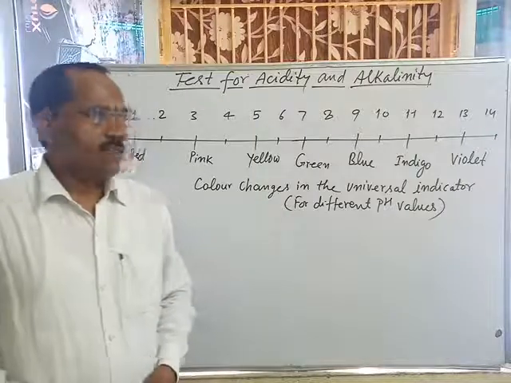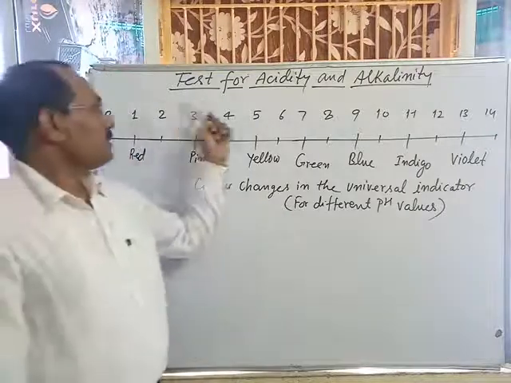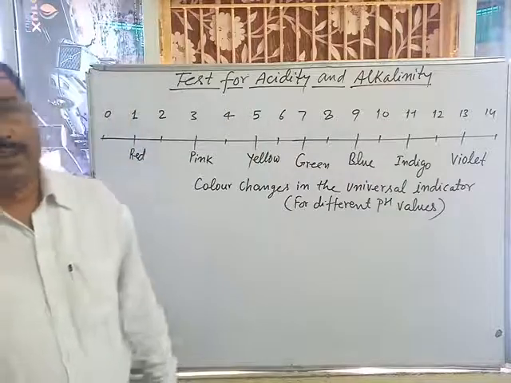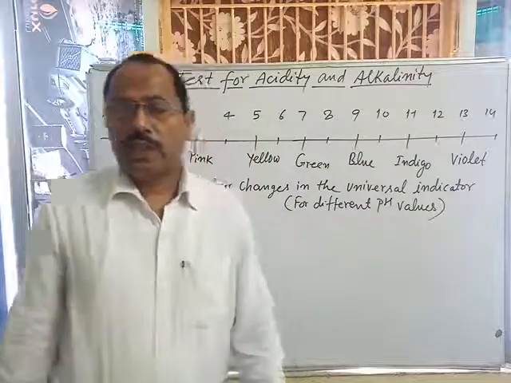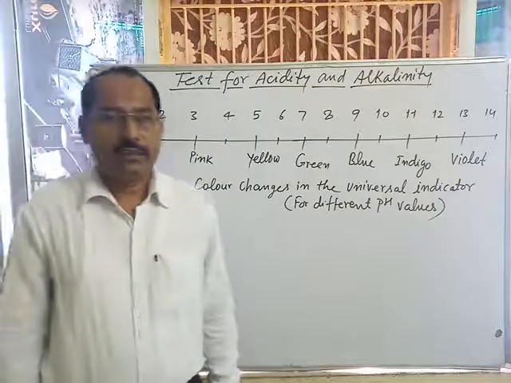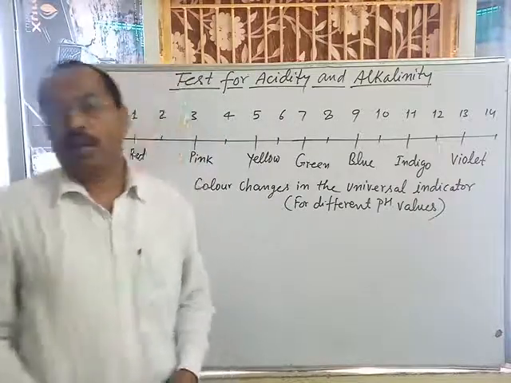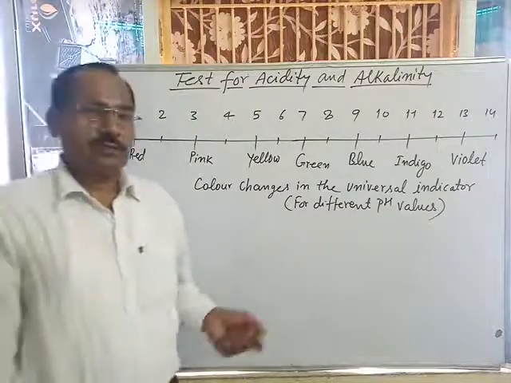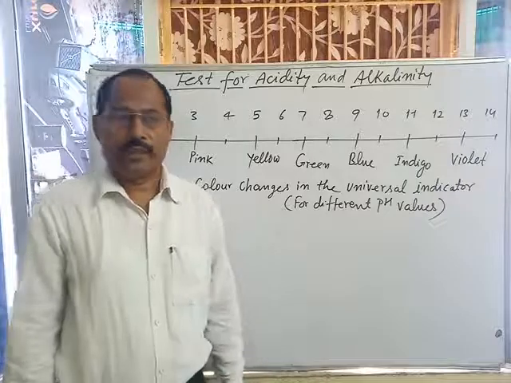Hello students, today's topic is the test for acidity and alkalinity. You know that a solution is said to be acidic when it contains hydrogen ion or hydronium ion in solution, and it turns blue litmus red.